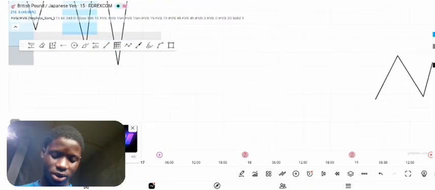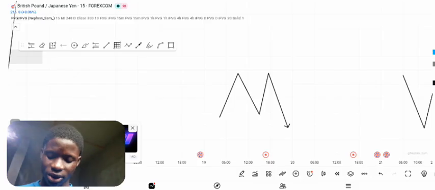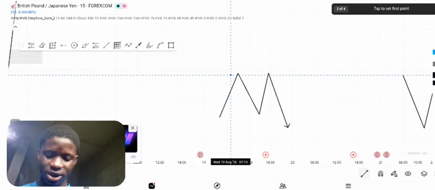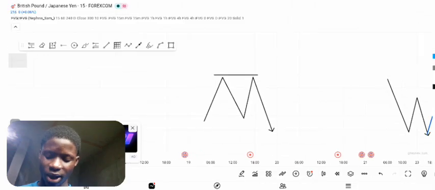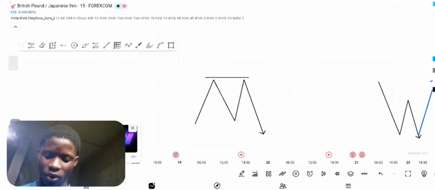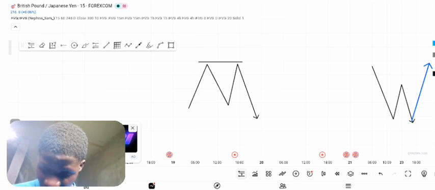And we have a double bottom here. You can see, guys, this is a double bottom. This is liquidity. Liquidity sits on this place. And if price wants to come back to it, most traders will place their trade here.